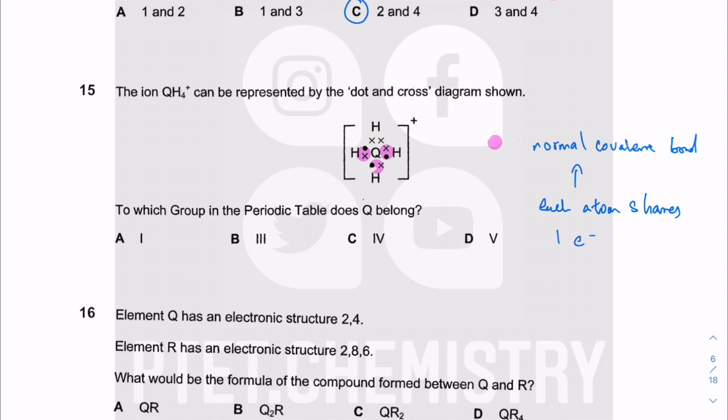Here is 2 cross. So what can we say? Cross is from Q. So total cross equal to 5. 1, 2, 3, 4, 5. So it must be group 5.